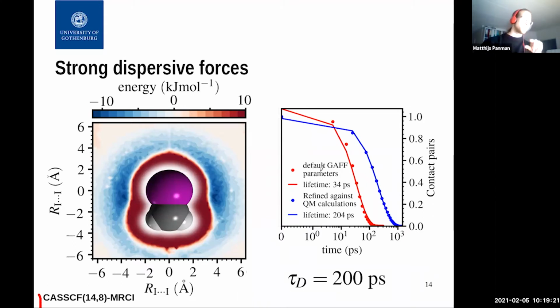And if we refine the potential against these quantum mechanical calculations, we get a lifetime of 204 picoseconds, so significantly longer. So this isn't exactly 2.8 nanoseconds, but it shows that the dispersion forces, which we believe cause this energy minimum, definitely contribute significantly towards this long-lived geminate pair.